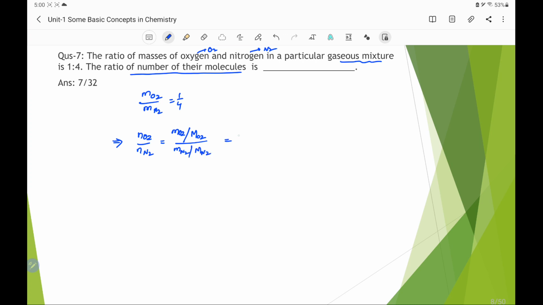It will be equal to this ratio MO2 by MN2, which is already given as 1 by 4, multiplied by the molecular weight of nitrogen divided by the molecular weight of oxygen. So it will be 1 by 4 into nitrogen is 28, oxygen is 32, and it cancels out to 7 by 32. This is the answer.